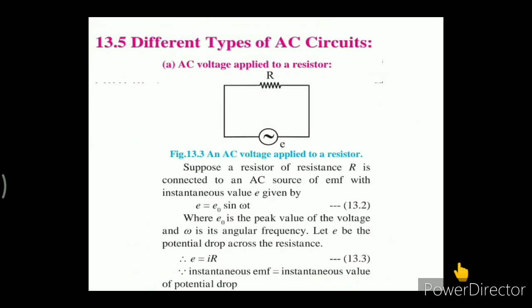After that, we had discussed the different types of AC circuits with a resistor. When a resistor is applied across the AC signal, we are getting a purely resistive circuit.